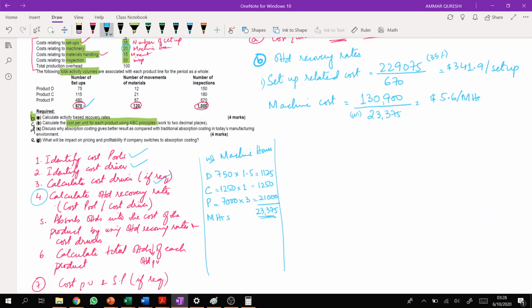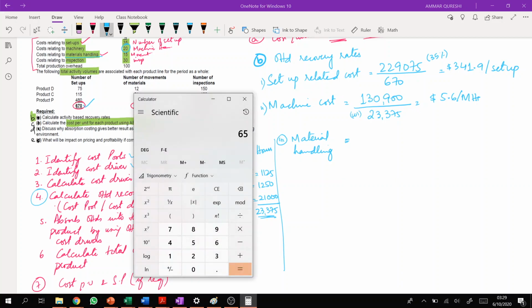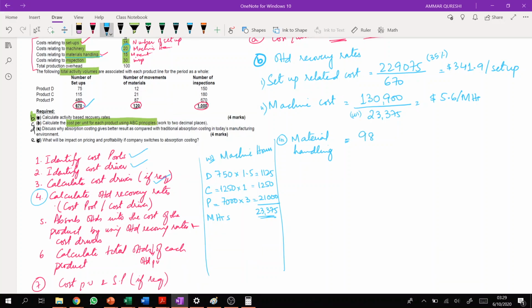So this was the first one, this was the second one, the third one is material handling, right? Material handling is 15%, right? So 654,500 times 15%, that makes 98175.